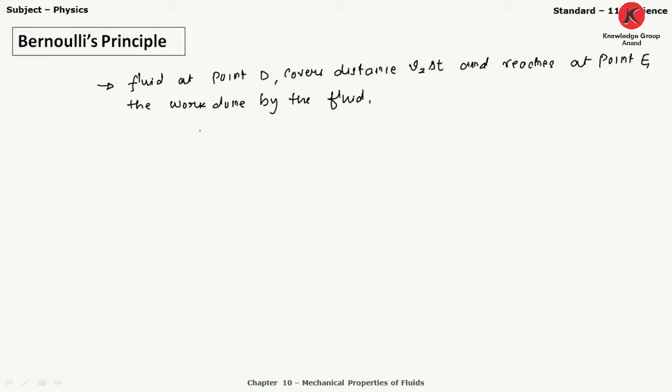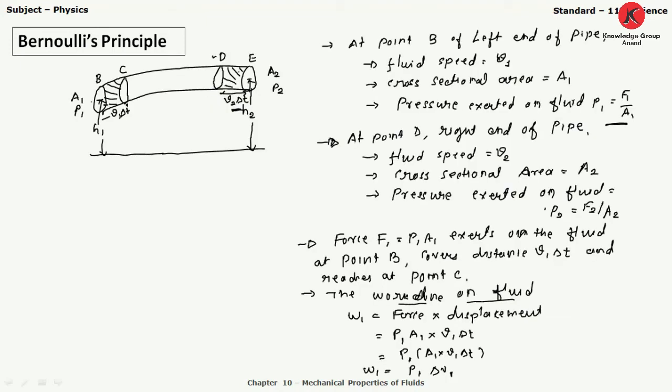which is W2, but if the fluid is at this position at point E, then what will happen? It tries to develop the force in this direction. Here at point B, the force is in this direction, and here the force is in this direction. Means on both sides the direction of force is opposite.